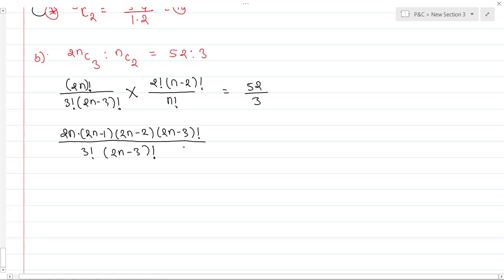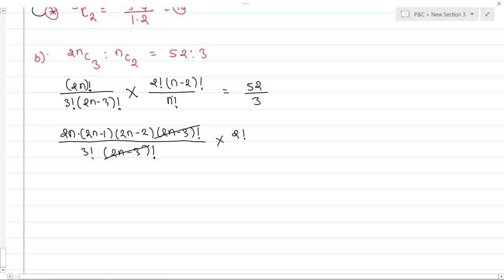So as we have seen during permutation, we have to bring the larger one down to the smaller one. So here we have 2n factorial, which is greater than 2n minus 3. I have expanded this 2n factorial till 2n minus 3 factorial, so that this 2n minus 3 and this 2n minus 3 easily get cancelled.